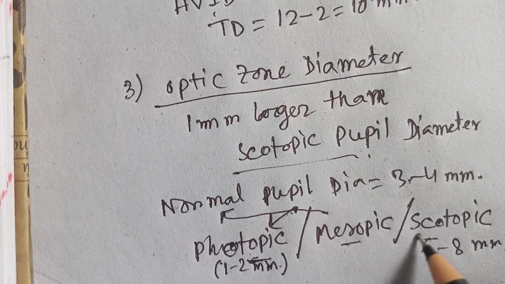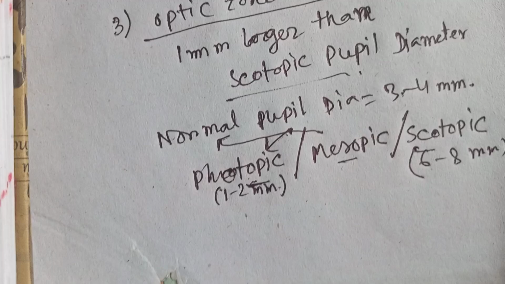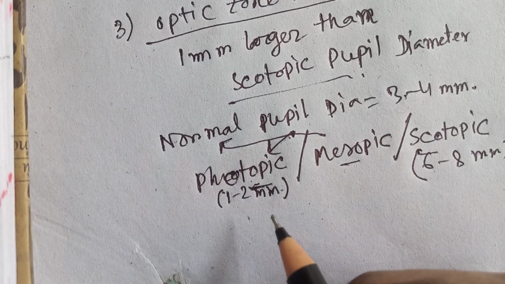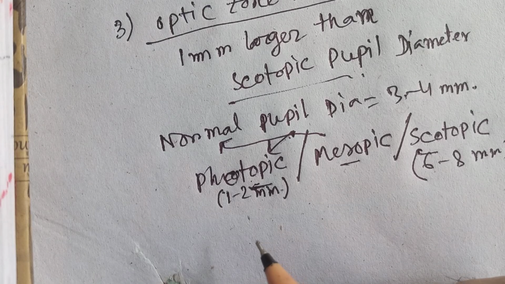So we need to measure the scotopic pupillary diameter of the patient. Firstly, we sit the patient in a dimly illuminated room, and then we put a pen torch source of light at the back of the patient, so that there is no direct light into the patient's pupil and no pupillary constriction.